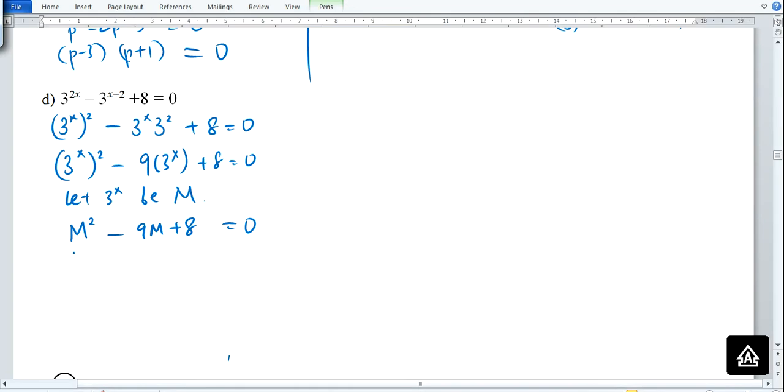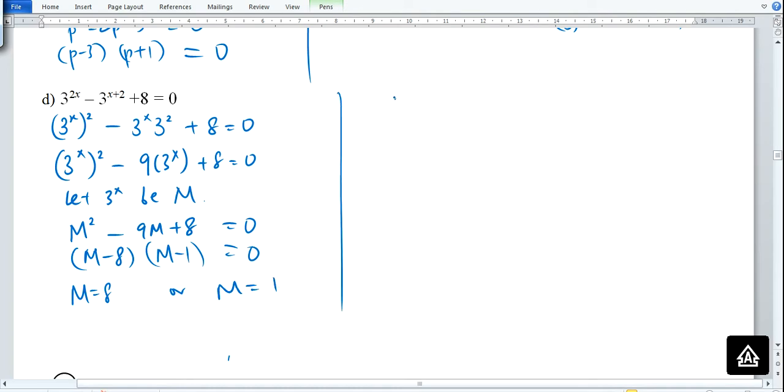So if I solve this, n minus 8, n minus 1. So n is equal to 8, or n is equal to 1. If I replace back n as 3 power x, I will get 3 power x equal to 8, or 3 power x is equal to 1.